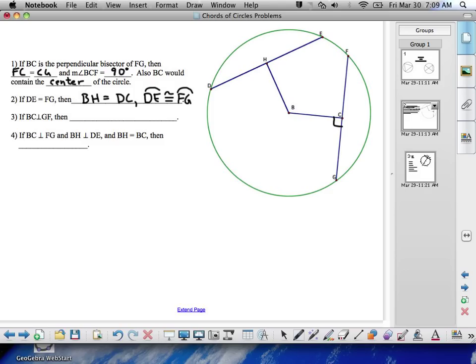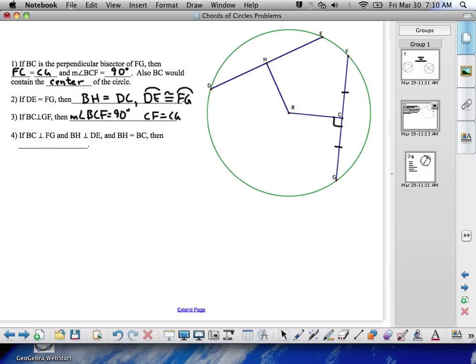So the measure of angle BCG or BCF would equal 90 degrees. Since BC also contains the center, we also know that CF would be equal to CG, because if a segment is perpendicular to a chord and contains the center, then it bisects the chord. So those two segments would be congruent.